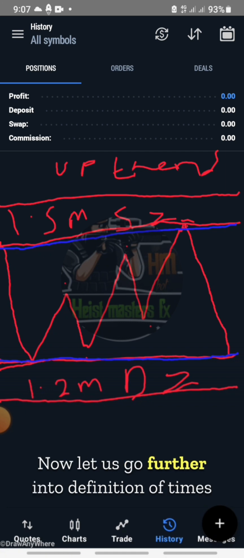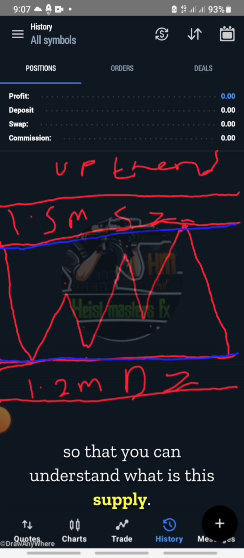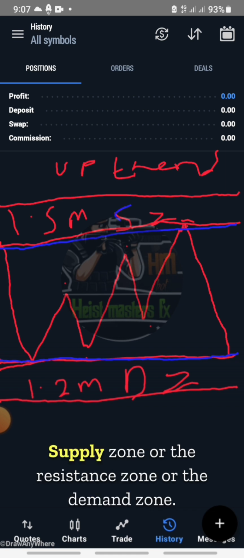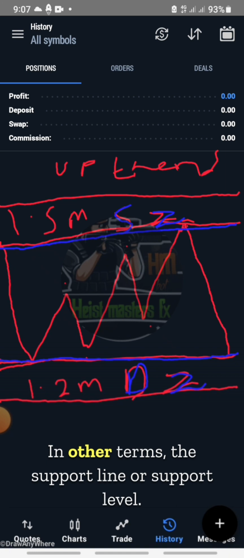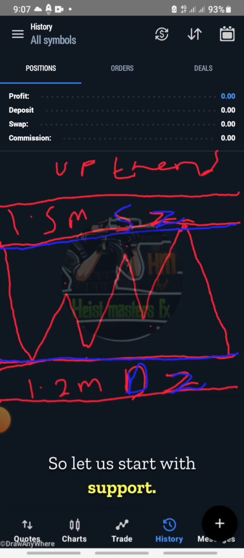Now let us go further into definition of terms so that you can understand what is this supply zone, or the resistance zone, or the demand zone. In other terms, the support line or support level. So let us start with support.